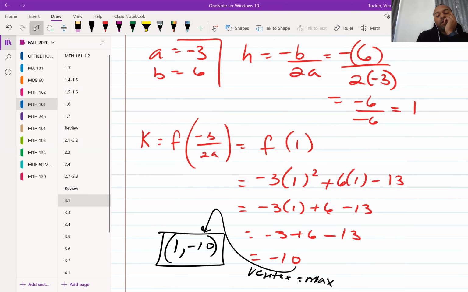Any questions? And don't forget, this is the maximum. This vertex is the maximum because A was negative, which makes it open downward.